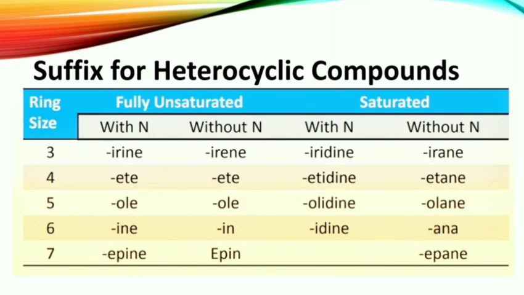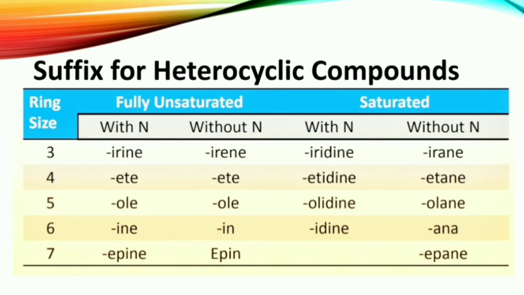For the 7-member ring structure you can remember epine, with and without nitrogen, for unsaturated compounds. For saturated compounds with nitrogen there is no suffix, but without nitrogen we have epane. So you have to remember this table for the nomenclature of heterocyclic compounds. It is very simple, but you have to remember the ring size and whether the compound is saturated or unsaturated.